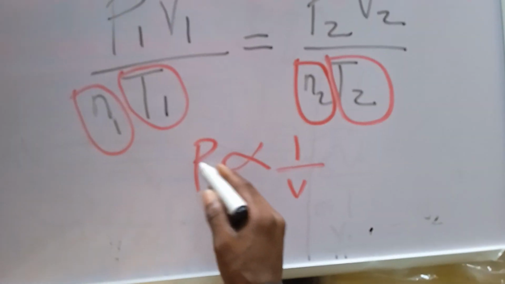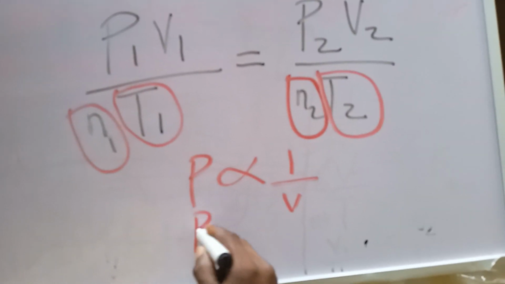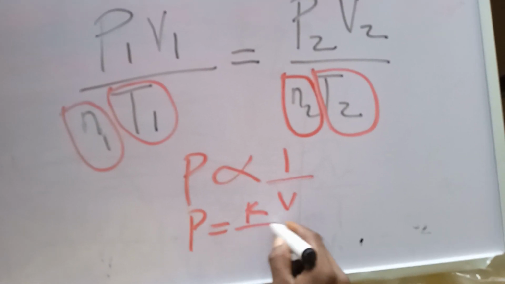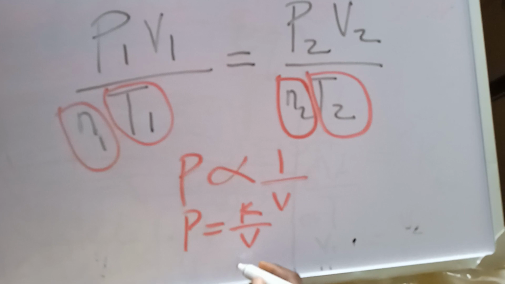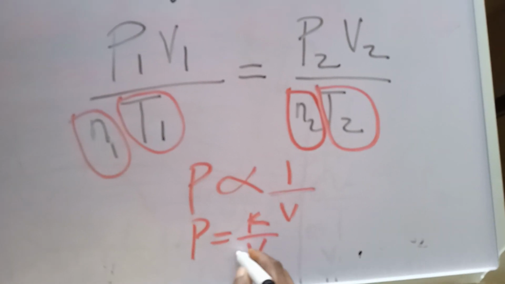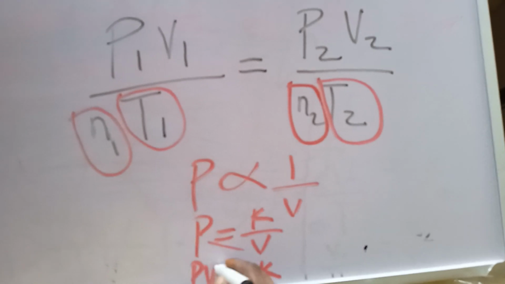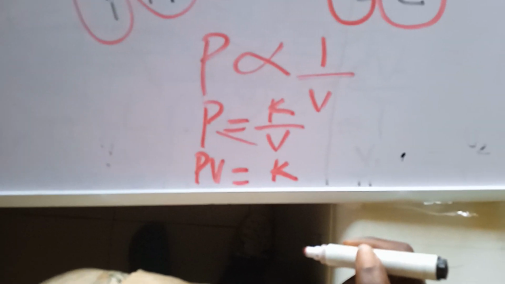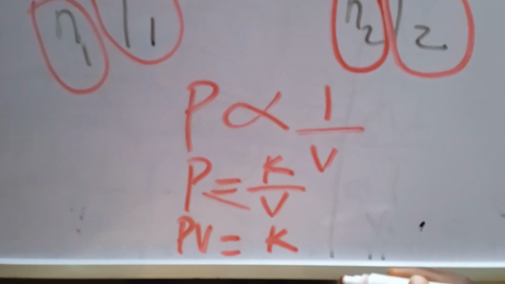So this is inversely related, which means that this is now equal to K over V. Making V the subject of the formula, we cross multiply so that K becomes PV. So this is what that law is talking about.